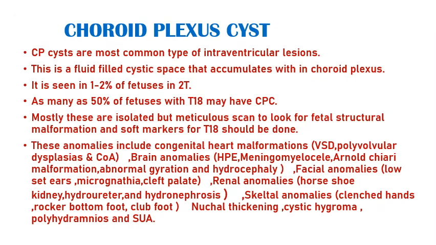These anomalies include congenital heart malformations like VSD, polyvalvular dysplasia and coarctation of aorta; brain anomalies like holoprosencephaly, meningomyelocele, Arnold-Chiari malformation, abnormal gyration and hydrocephaly; facial anomalies like low-set ears, micrognathia, cleft palate; renal anomalies like horseshoe kidney, hydroureter and hydronephrosis; skeletal anomalies, clenched hand, rocker bottom foot, club foot; with nuchal thickening, cystic hygroma, polyhydramnios and single umbilical artery.